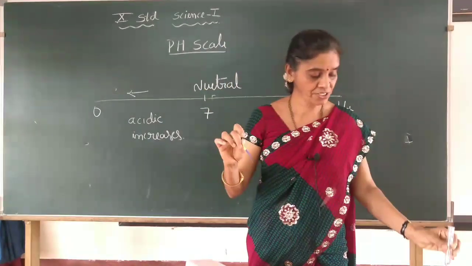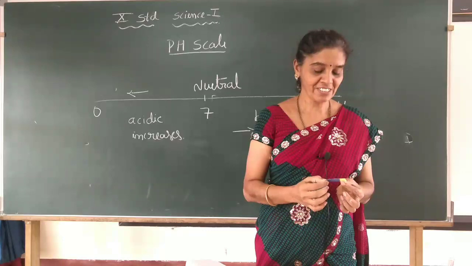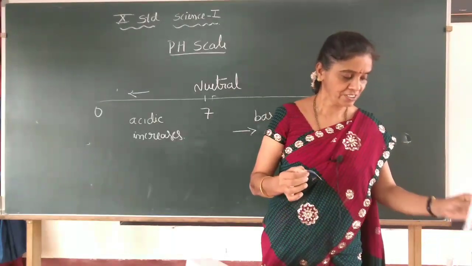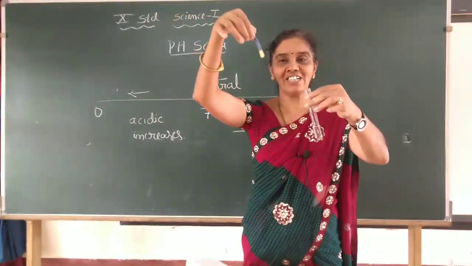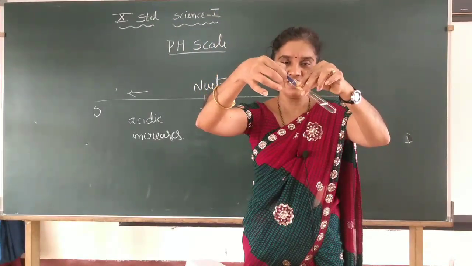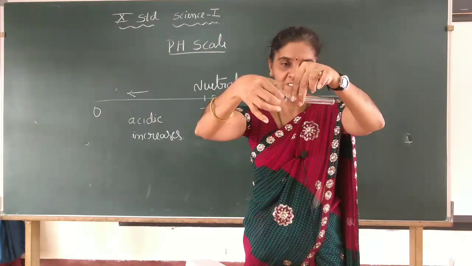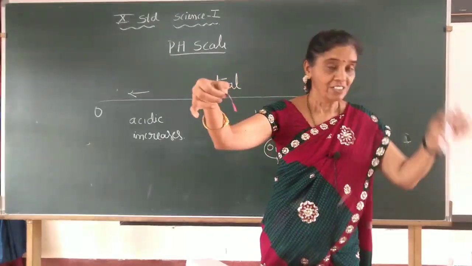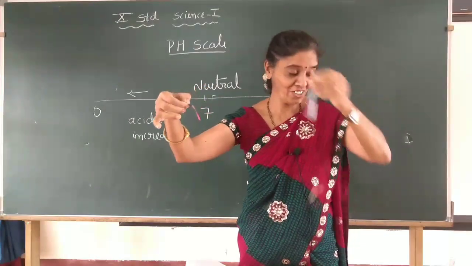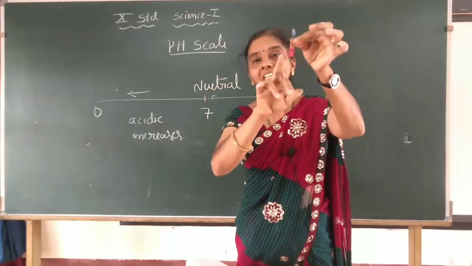It is a base. On the other side of the strip, which has not reacted with the base, I can dip it, or I can use a separate paper also. Now I have taken an acid, hydrochloric acid. Now see the change in color. I have now got pink color.